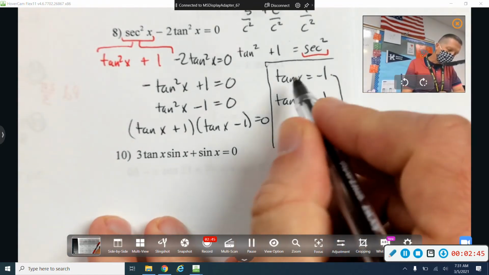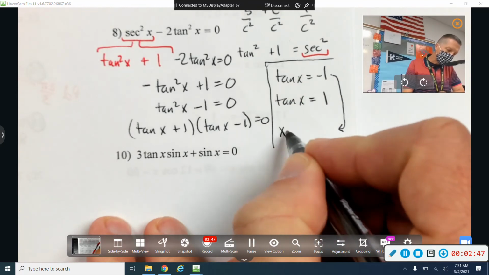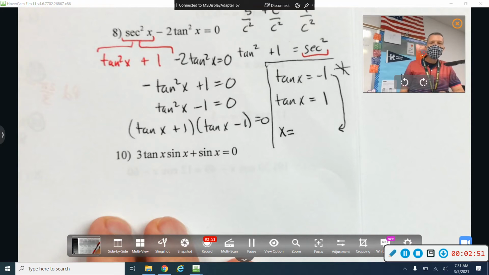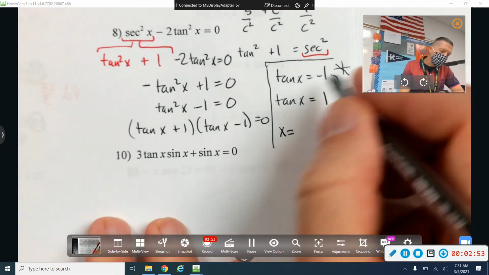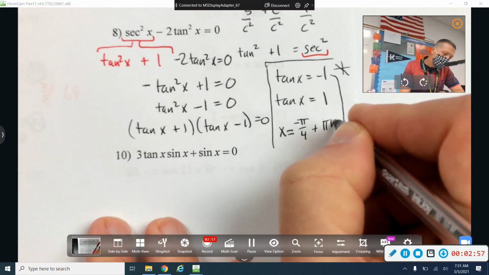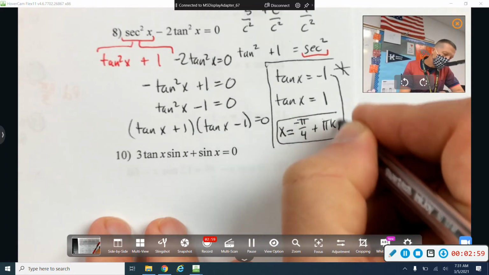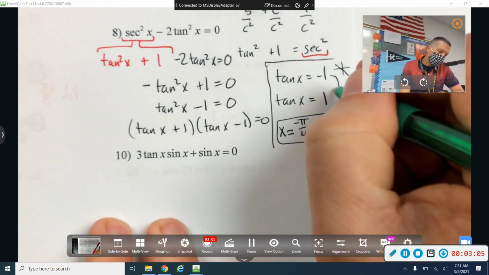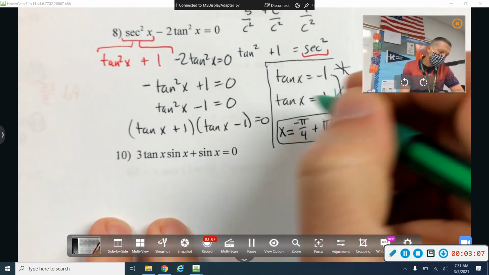So if tangent is negative 1, that happens at, let's see, negative pi over 4, or 3 pi over 4. And then tangent of x equals 1, that would be at pi over 4.